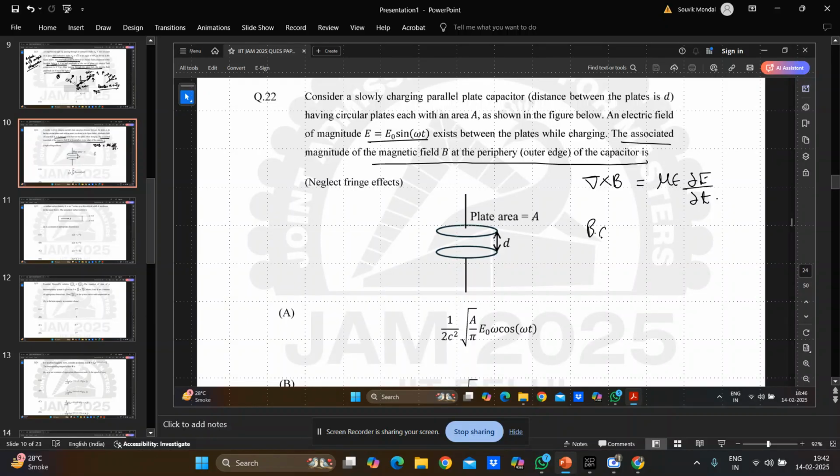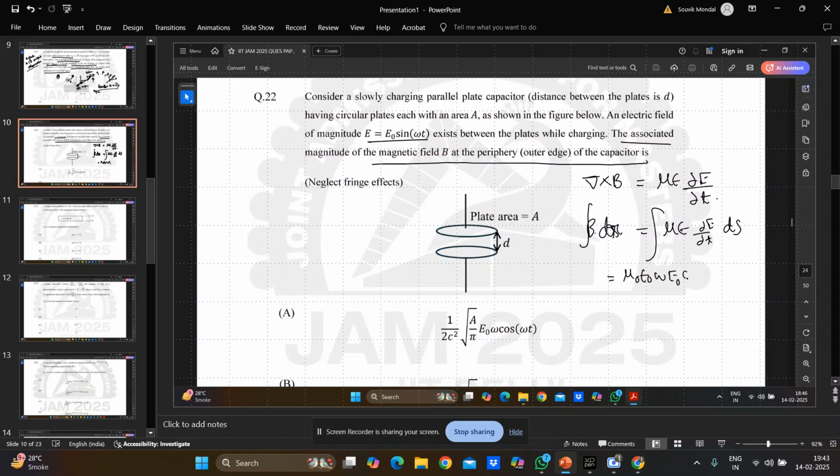So del cross B dot ds will give you B dot dl is equal to mu naught epsilon naught del E by del t into ds. And del E by del t is what?